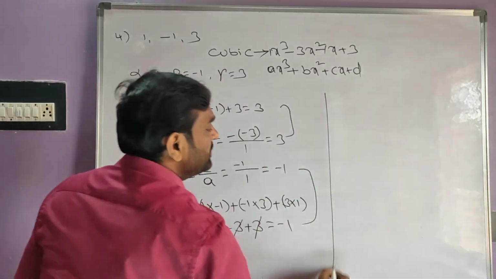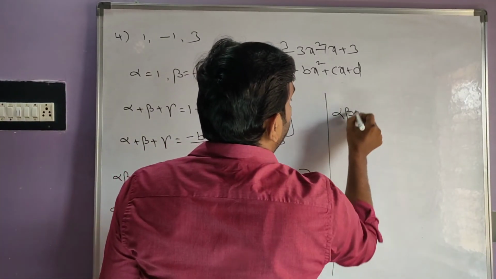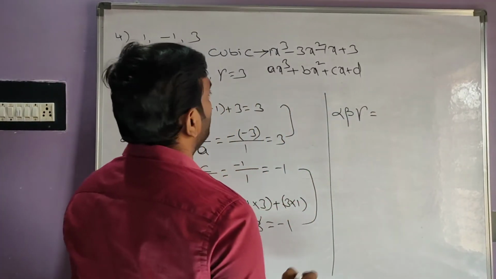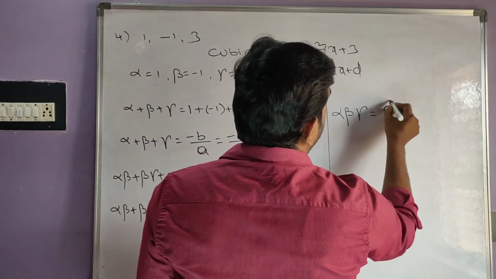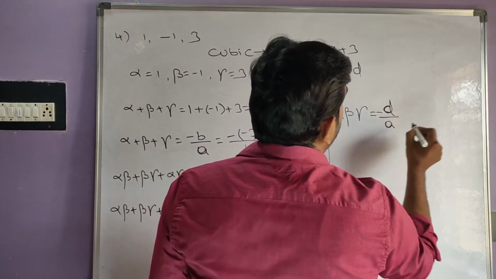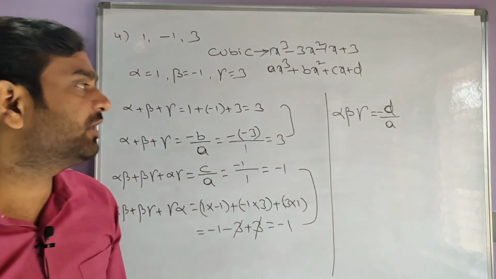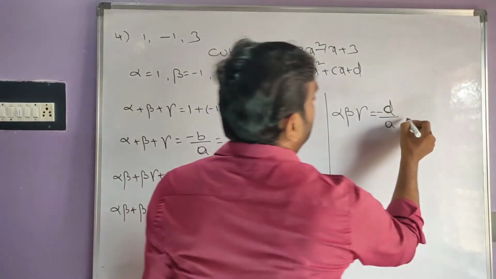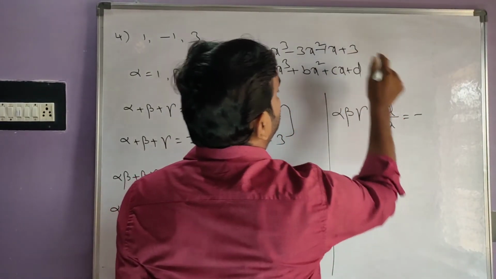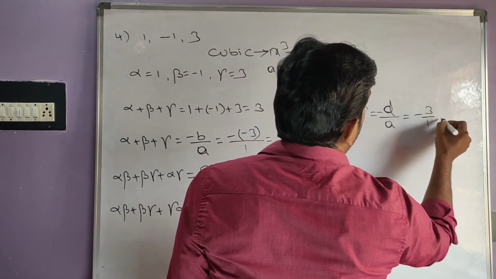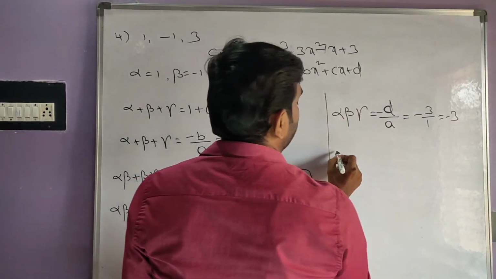Now coming to alpha into beta into gamma. What's the formula? Minus d by a. What is d here? 3, by a is 1. Minus 3 by 1 is minus 3.